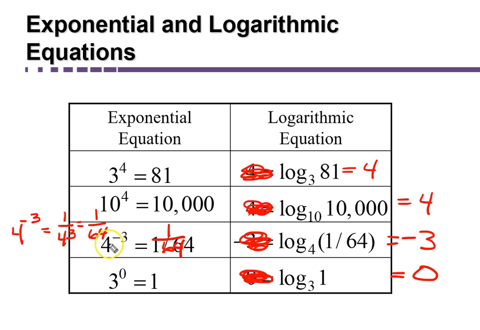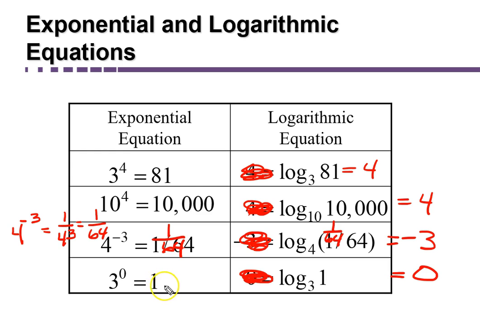So anytime you see a base to a negative exponent, it's going to be some sort of fraction. So once again, log of our base, 4, the answer is 1 over 64, that's going to equal the exponent, negative 3.